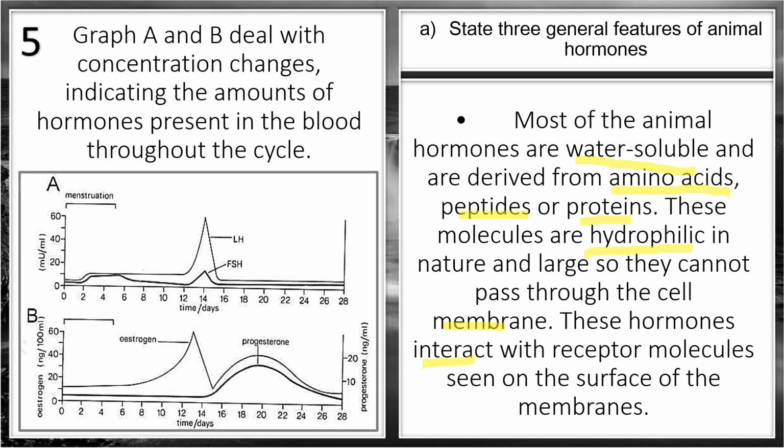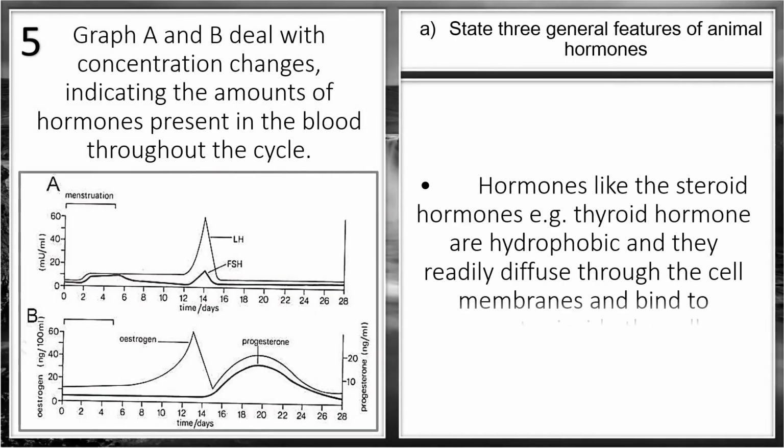These hormones interact with the receptor molecules seen on the surface of the membrane. Hormones like steroid hormones and thyroid hormone are hydrophobic. They readily diffuse through the cell membrane and bind to the receptor inside the cells.